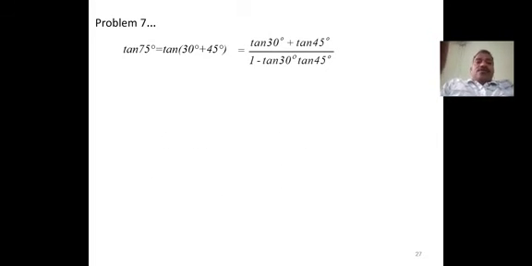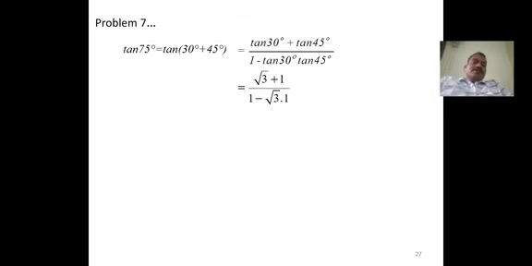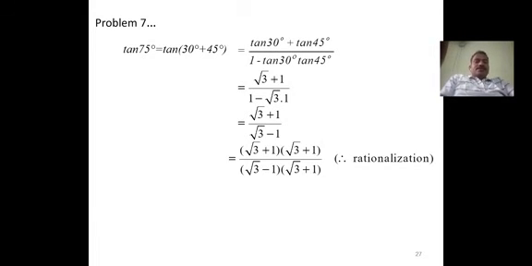And the tan of 75, tan of 30 plus 45, tan 30 plus tan 45 by 1 minus tan 30 tan 45. Actually you know tan 30 value is 1 by root 3. So after simplification of this, small correction here, it is (root 3 plus 1) by (root 3 minus 1). The last step is correct, the second step is wrong.